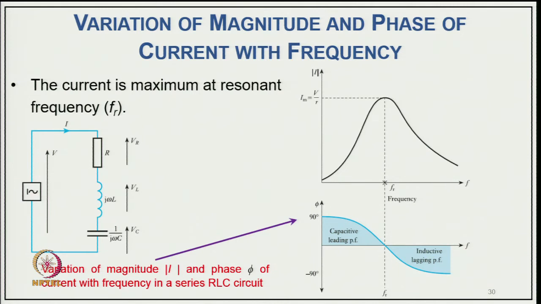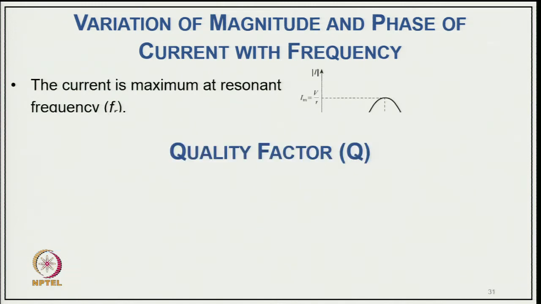But at a lower frequency, the current reduces because the impedance has a capacitive reactance also, which reduces the current in the circuit, and the circuit behaves as capacitive in nature, so the power factor is leading. Similarly, above the resonance frequency, the circuit is inductive and the power factor is lagging in nature, and the current also reduces, because along with the resistance you have some inductive reactance in this RLC circuit.